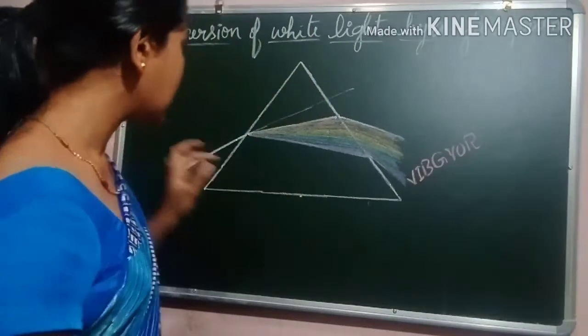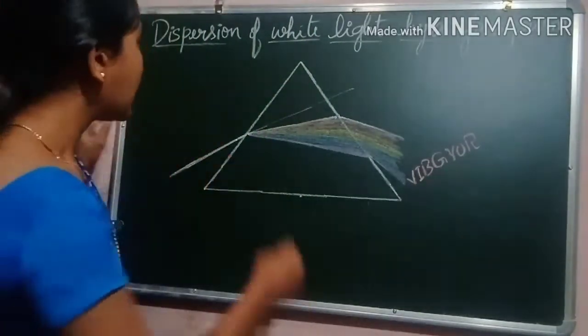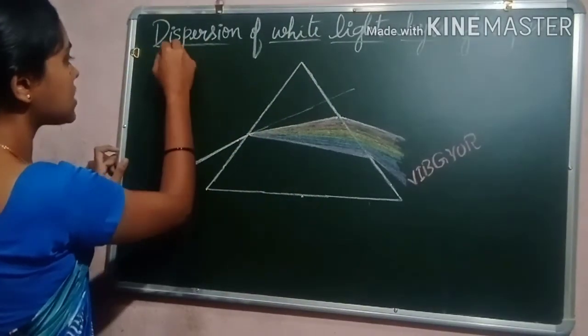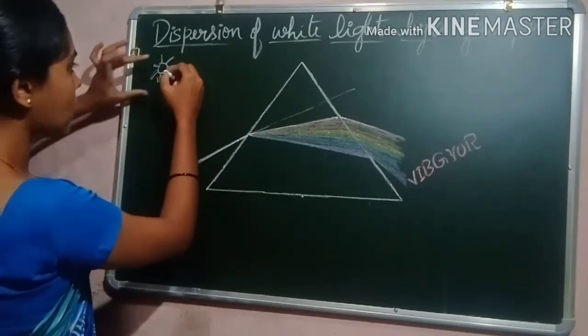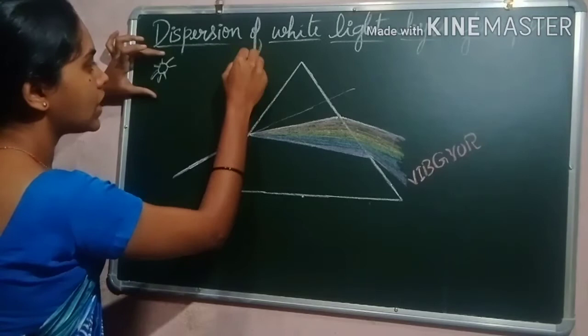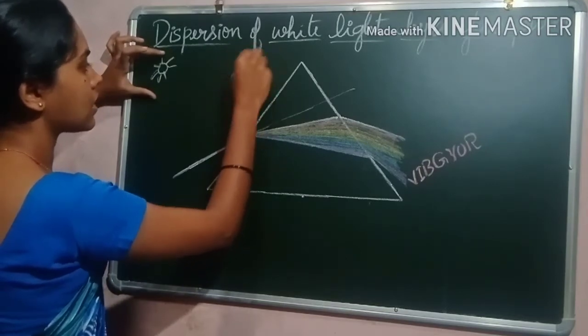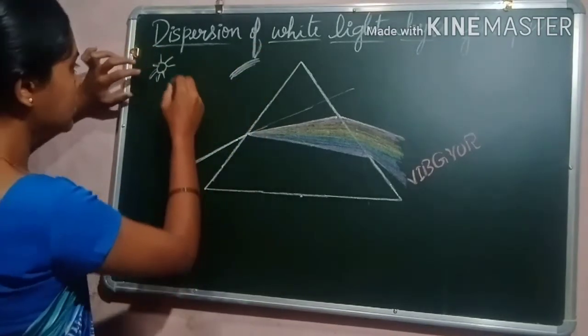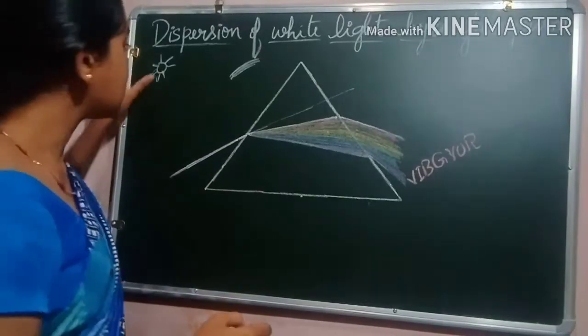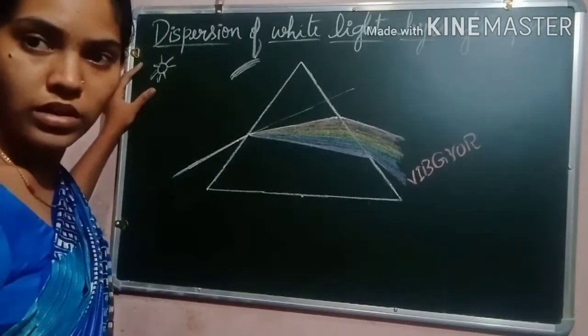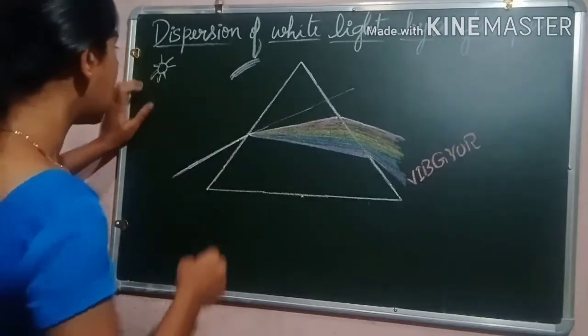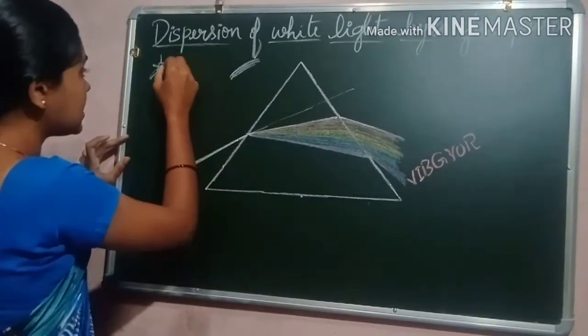What happens during a rainbow? The rainbow always forms opposite to the direction of sunlight. If the sun is appearing here, the rainbow will form opposite to that. The reason is that sunlight is white light, so it contains 7 colors.